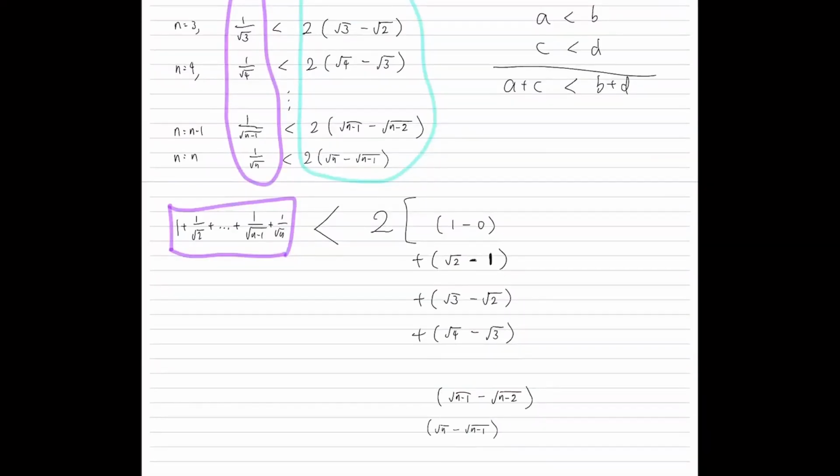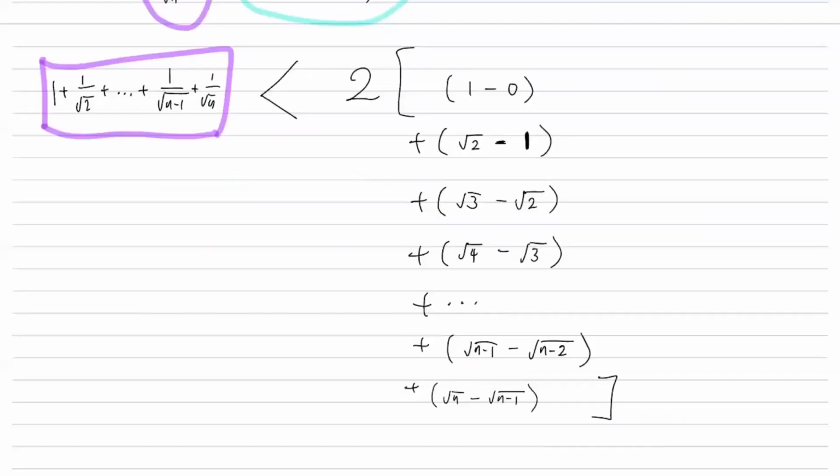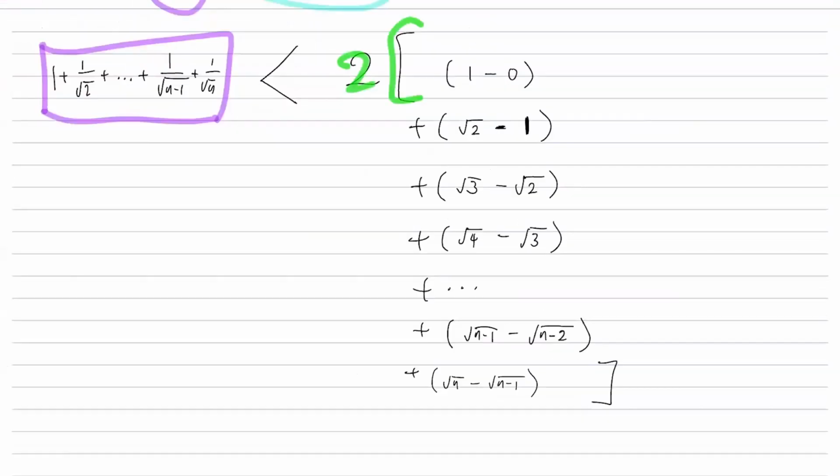I'll just put down the plus signs here so that it's easier for me to show you the cancelling. Now I factor out the 2, then I put the plus signs in between already. Anything to cancel? Yes. 1 minus 1 cancel off. Root 2 minus root 2 cancel off. I'll just draw a single line to make it look nicer.